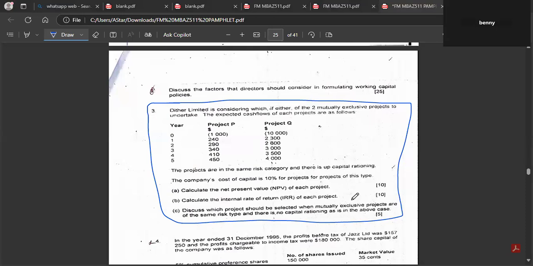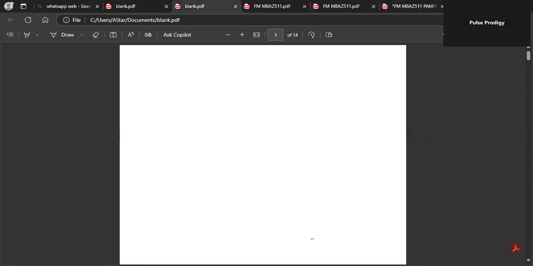So now here when you get down to this one, first and foremost we look at capital budgeting.